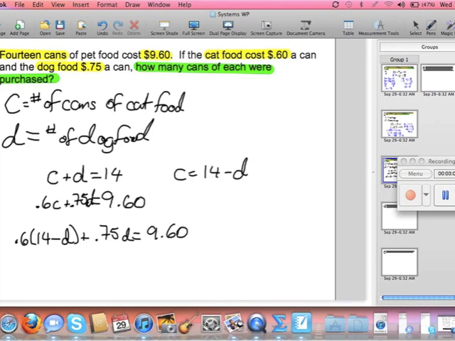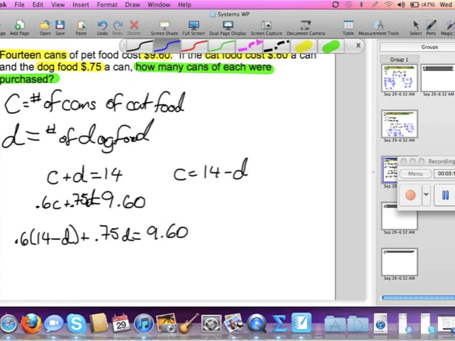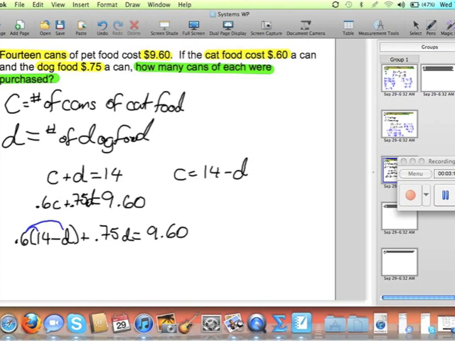From here, once again, I'm going to distribute amongst the parentheses. 0.6 times 14 turns out to be 8.4. Minus 0.6D plus 0.75D equals 960.